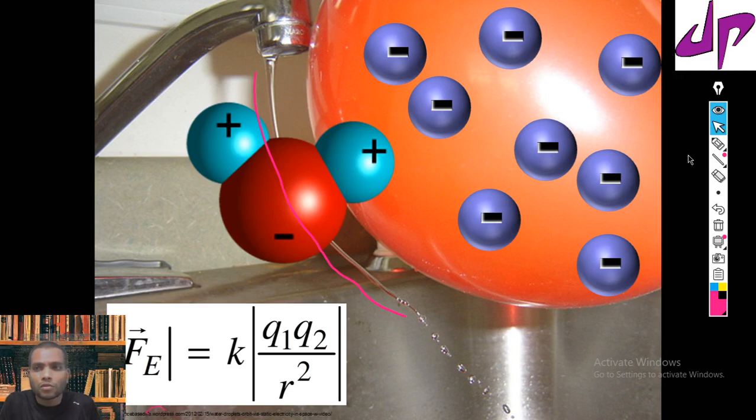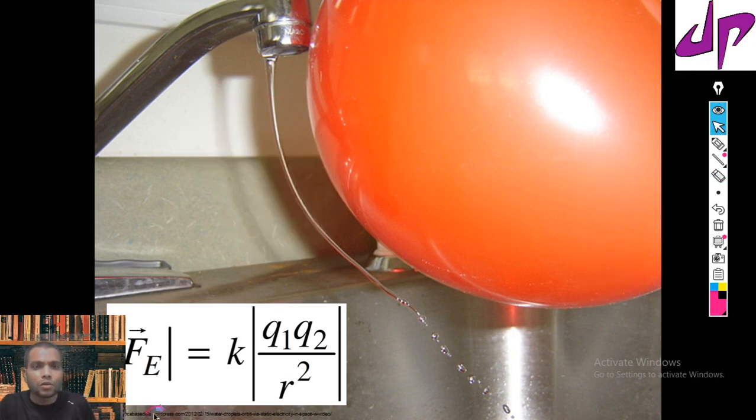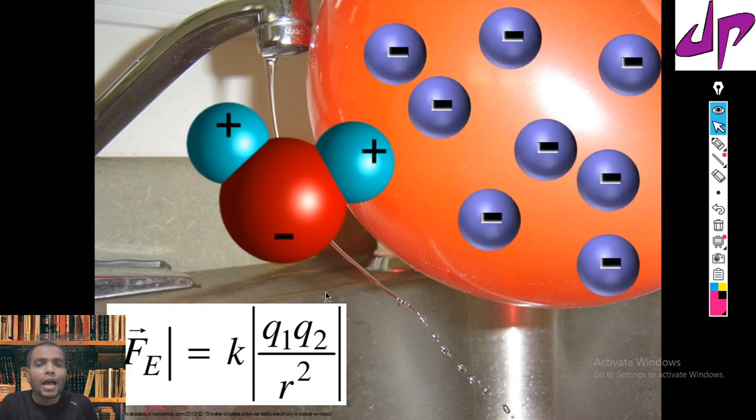Before, this was the position of the water molecule. Now observe the position of the water molecule: it gets turned. That is because of the effect of the electric field on this water molecule.